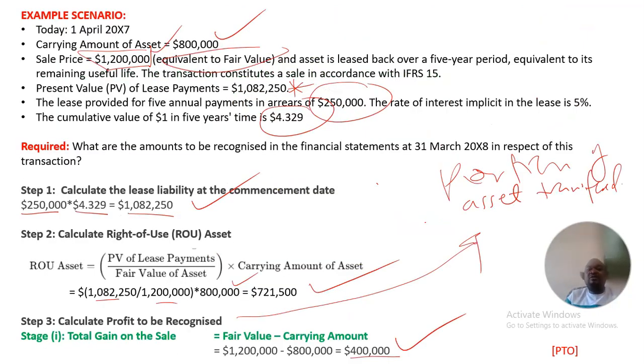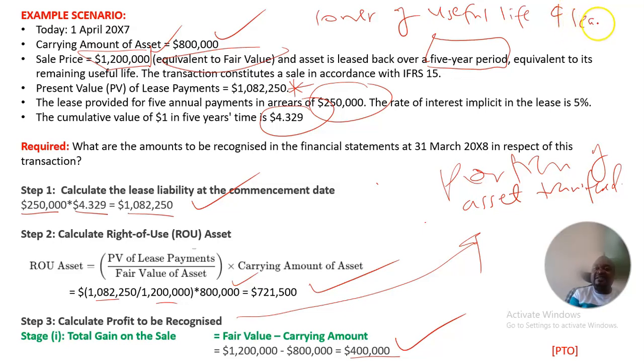In this case, we are told that this is for 5 years, so we are going to depreciate the asset at the lower of the useful life of the asset or the lease term, whichever is lower. That's how we are going to do the depreciation.